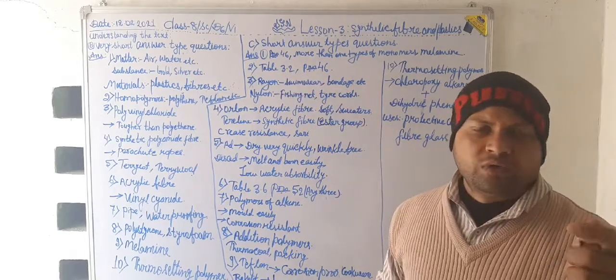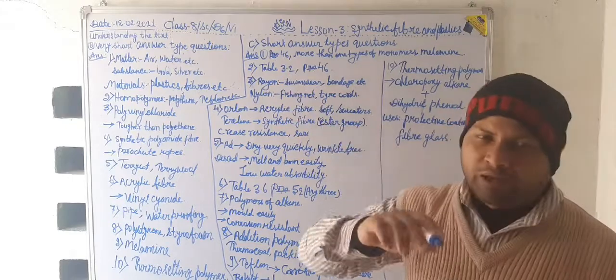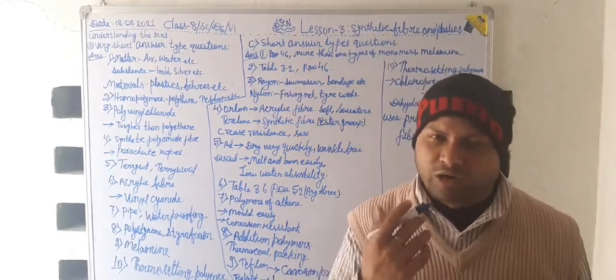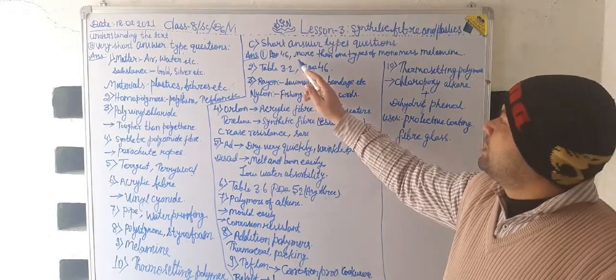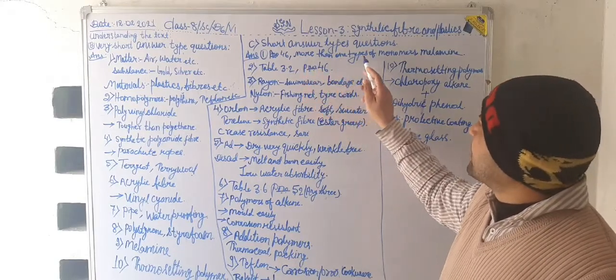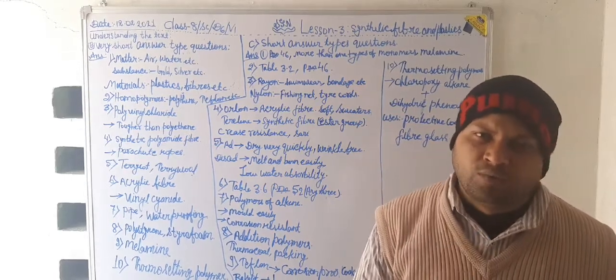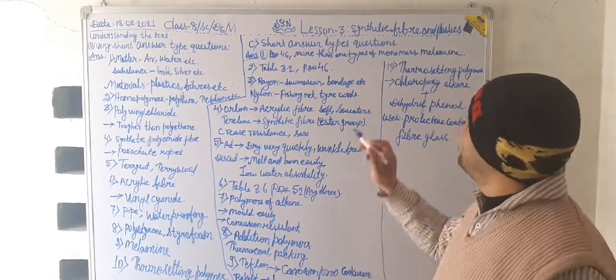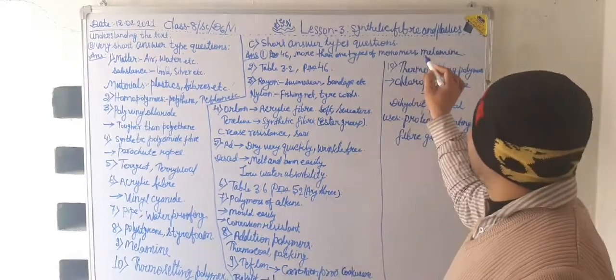You have to read page number 46 about it, and write its answer in your own language, as I have suggested. Using more than one type of monomer, the copolymer is formed, and the example of a copolymer is melamine. So I have written here the example of copolymers.